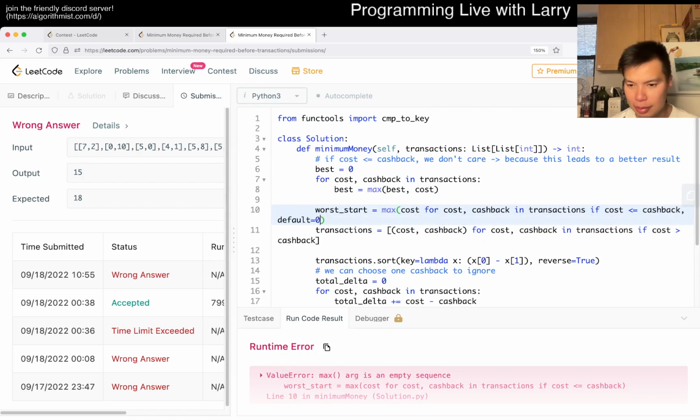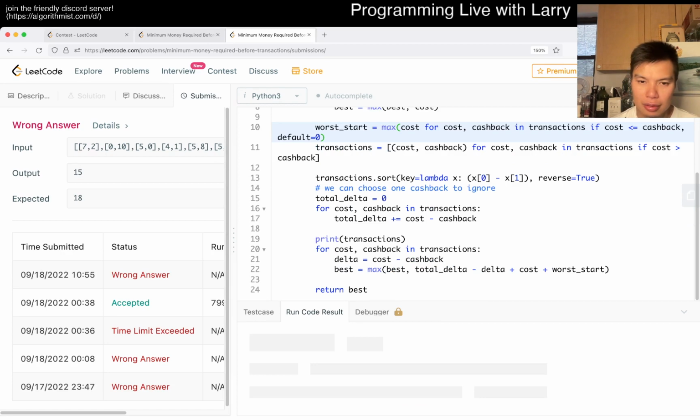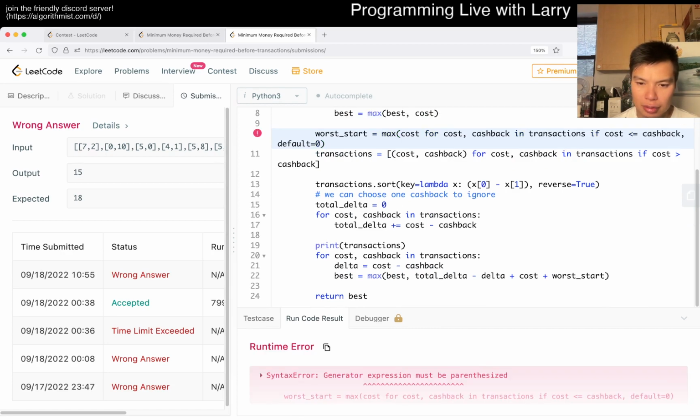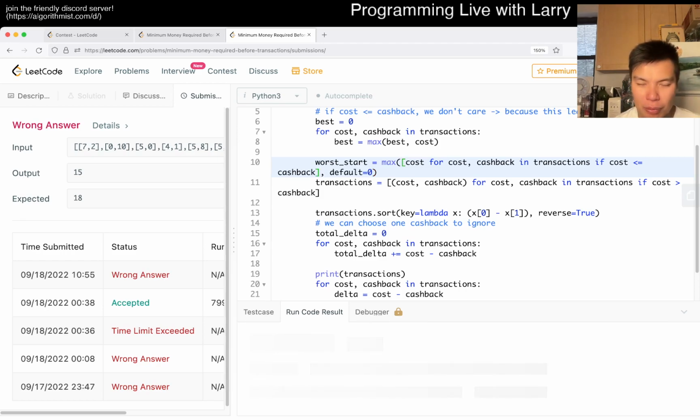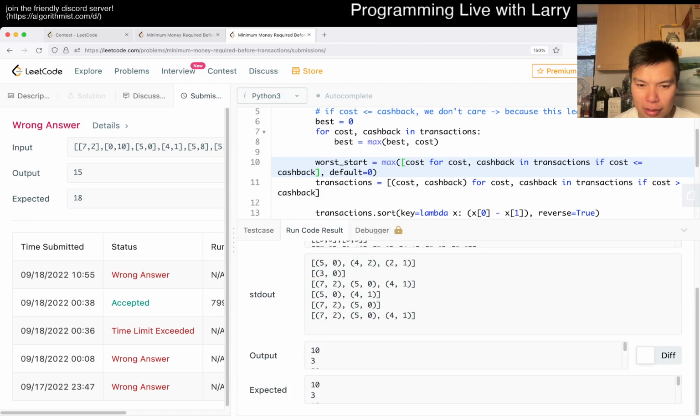Something like this. I think there's a max. I think I have to convert this to a list as well. That's right. Okay.